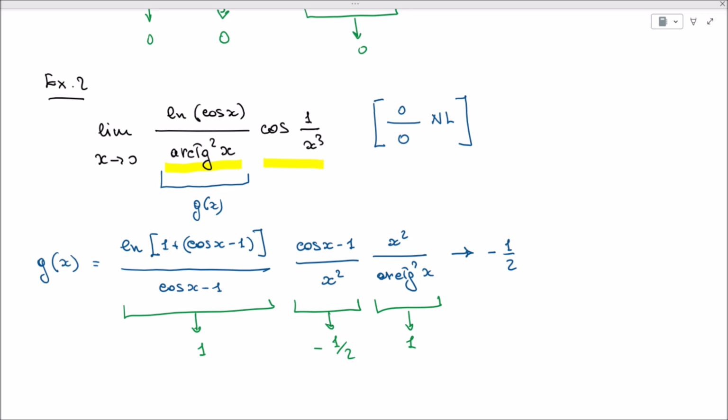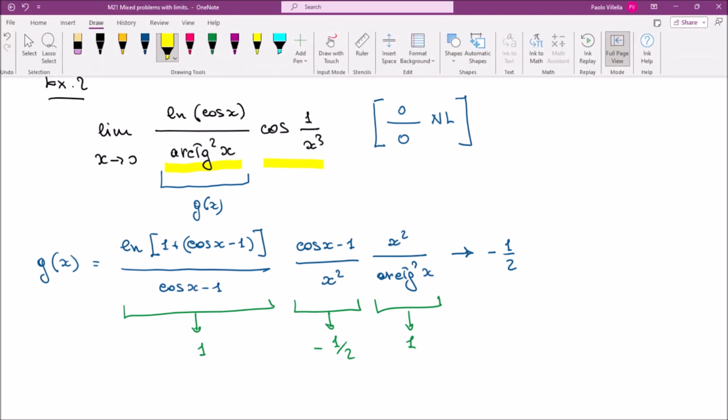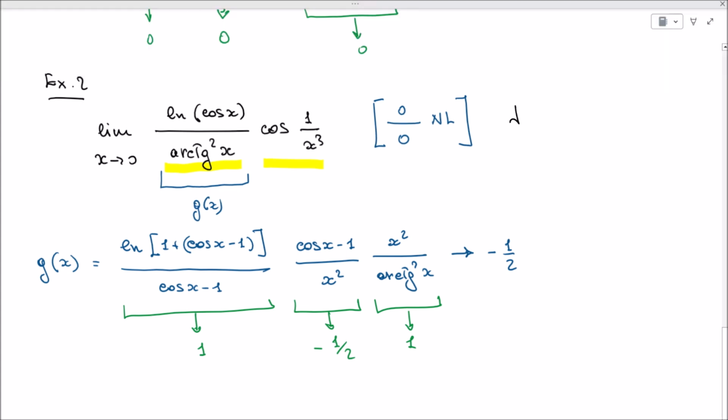I would expect that this limit does not exist. So I want to prove that this limit does not exist. This is the intuition that I get, because I'm expecting a function that will be oscillating between minus 1 over 2 and plus 1 over 2.